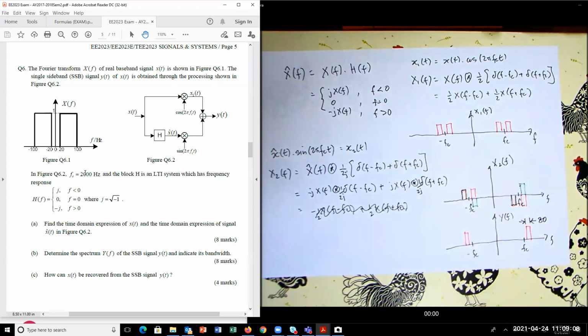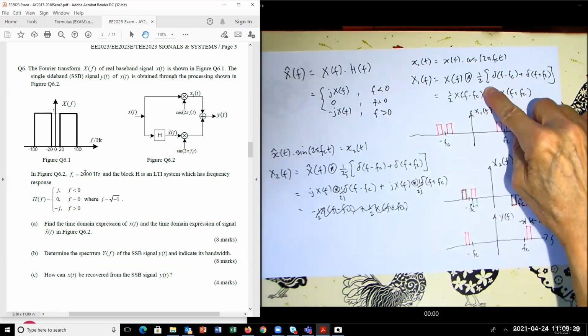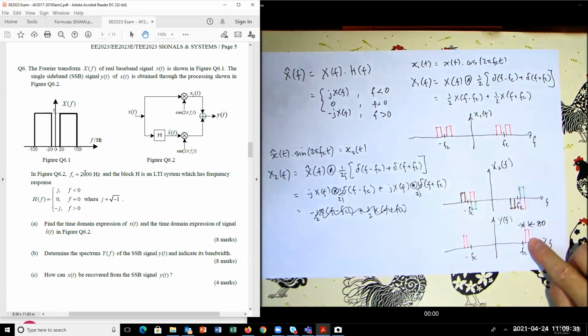Let me just check. Prof, for the X2F, X1F, and YF graphs, is the numerical height important? The height will be half, because you can see here, I derived the half here. This one will actually be double because you're adding, so it will be 1.